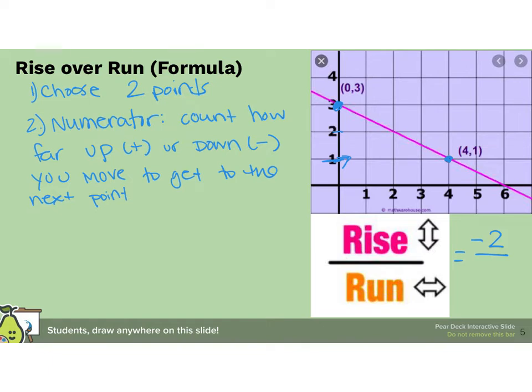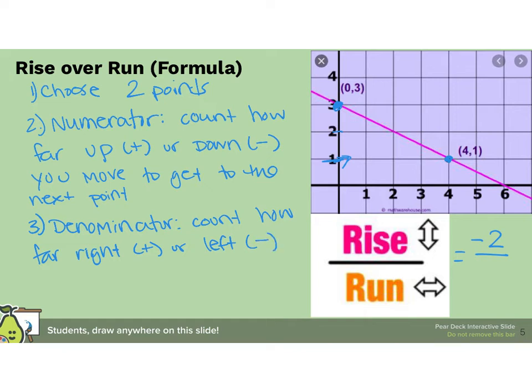Then for the denominator, you're going to count how far left or right you go. Let's do right first because that's positive, or left.